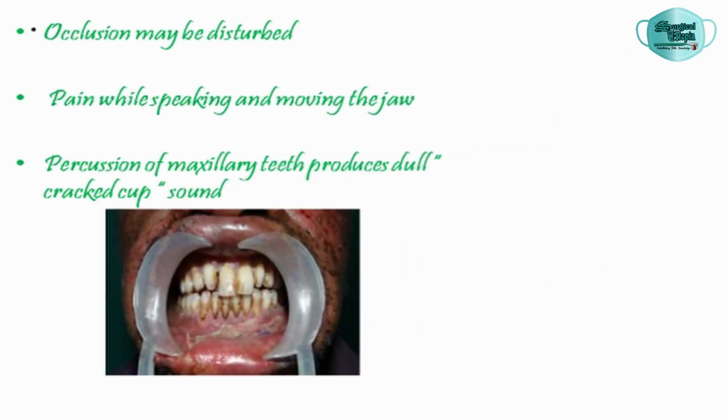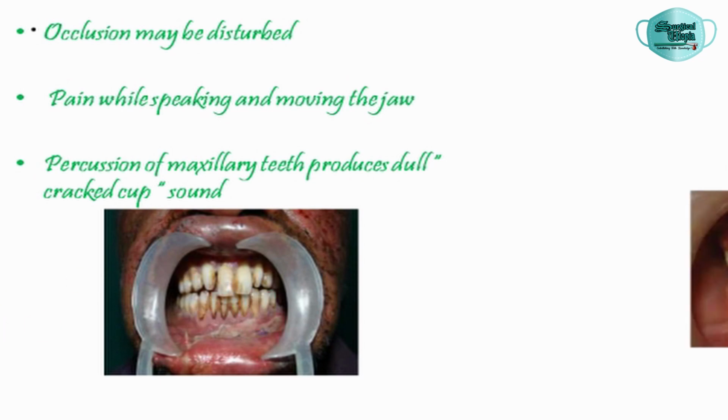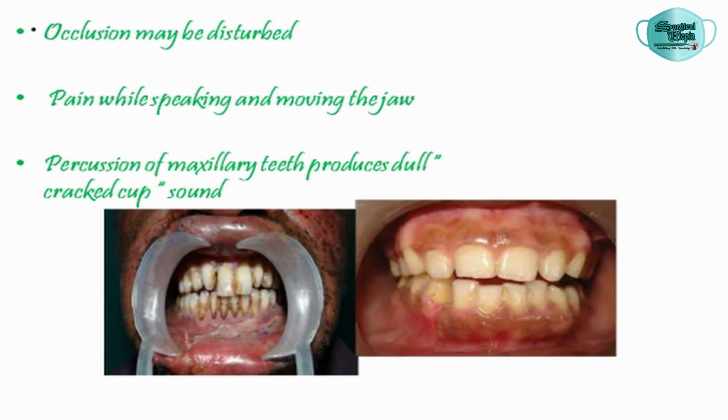You can see over here the occlusion is deranged, or there is disturbance in the occlusion, and the patient may complain of pain while speaking or moving the jaw, and on percussion of the upper teeth a dull cracked-cup sound may be present. There may be upward displacement of the entire segment, locking it against the superior intact structure. Such fractures are called telescopic fractures or impacted fractures, and an anterior open bite may be present in these cases.